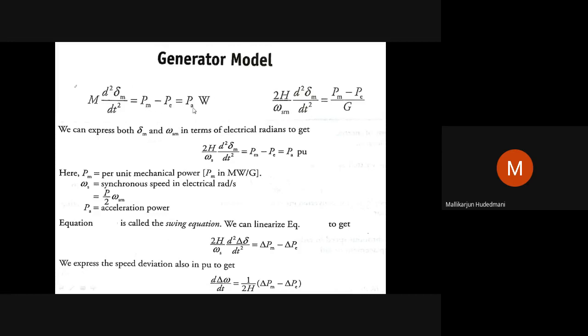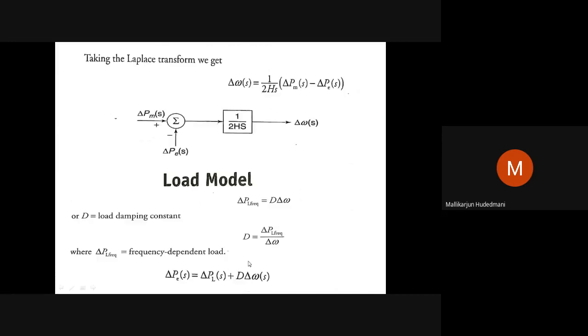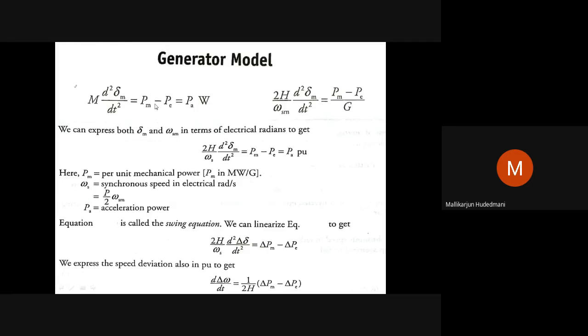This Pm minus Pe is called accelerating power, used to get into the generator model. When there is an infinitesimally small mechanical request for an electrical need, an infinitesimally small change in load, how is that area going to respond? The area is going to turn out a change in frequency, as seen from this swing equation.